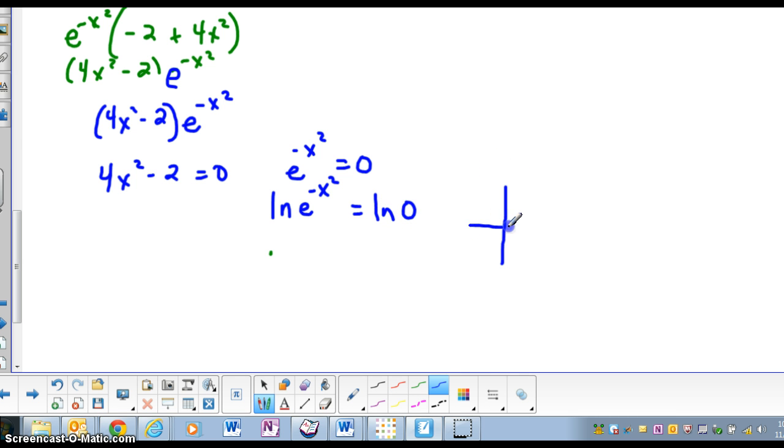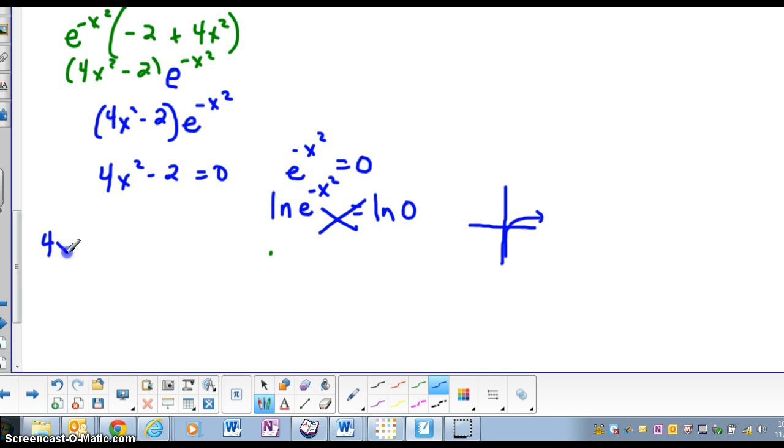If you think about the graph of the ln of x, we have a vertical asymptote at 0. So we cannot plug in 0 for x and receive an answer. There is no solution there due to the vertical asymptote. So this side would be no solution, so the only solutions that we have to think about are here.